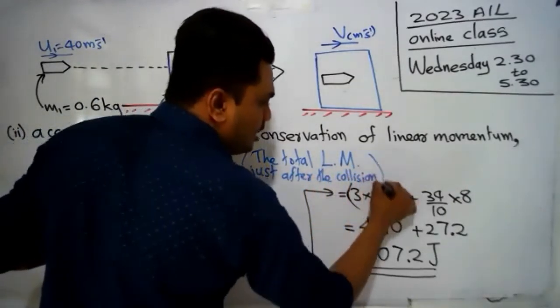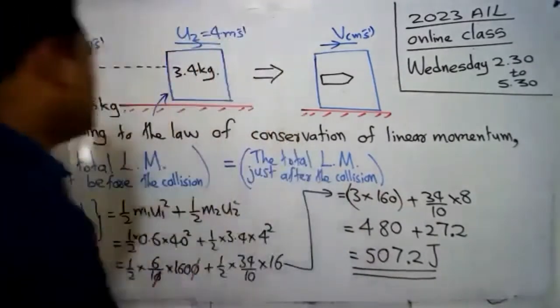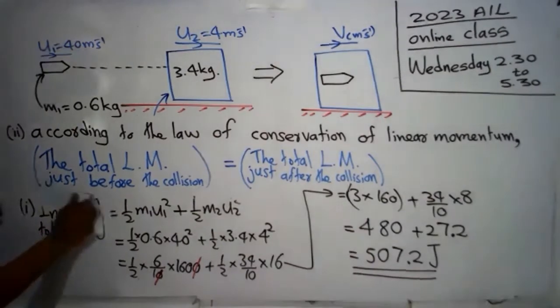So what is the law of conservation of linear momentum? It has been found by experiments that the total linear momentum just before the collision equals the total linear momentum just after the collision.